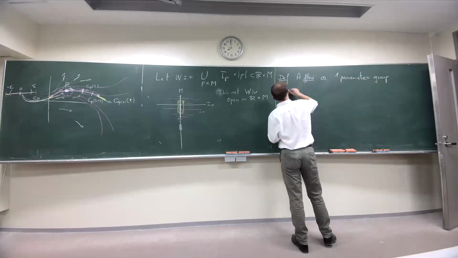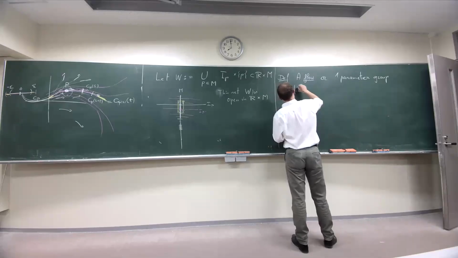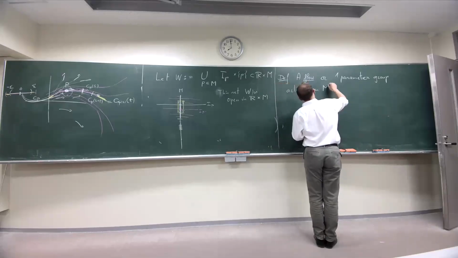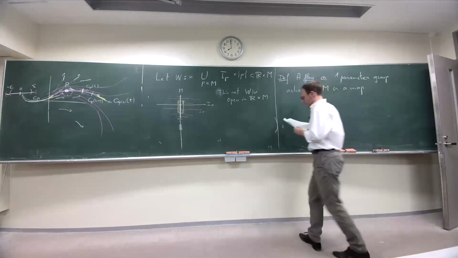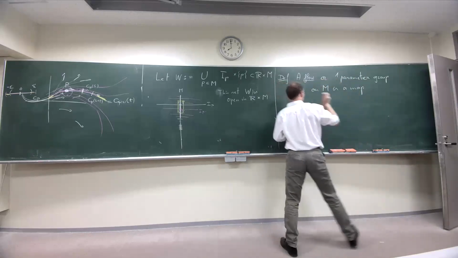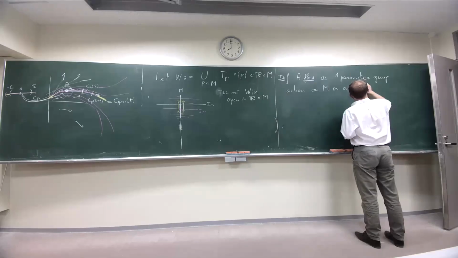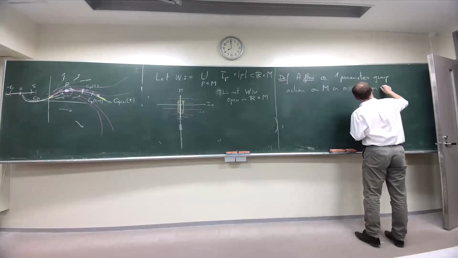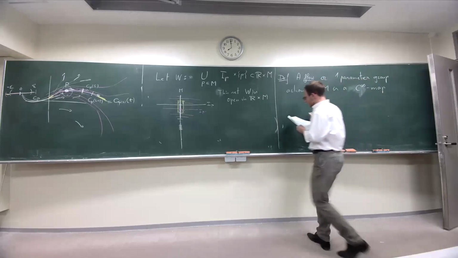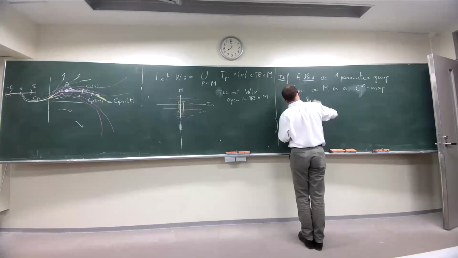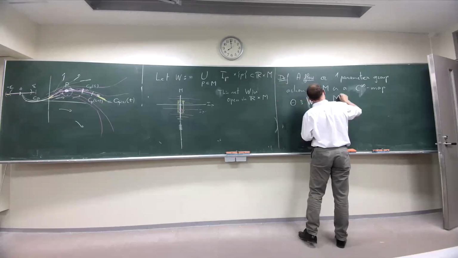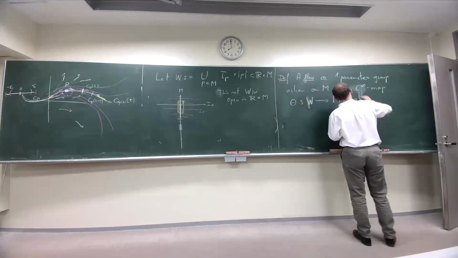It's a group action on M. It's a map. It's a C infinity map, so it's a smooth map. And I'm going to use theta from this strange space W to M, satisfying two conditions.